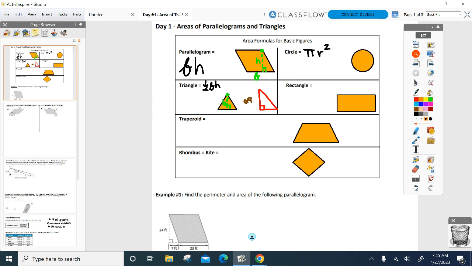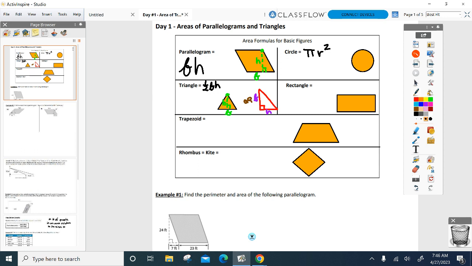And whatever the height is drawn to, that's your base. Before I move on, I do want to talk about a right triangle. Base and height of a right triangle are your two legs. Keep that in mind. When we're dealing with a right triangle, the base and the height are your two legs. 1/2 base times height.